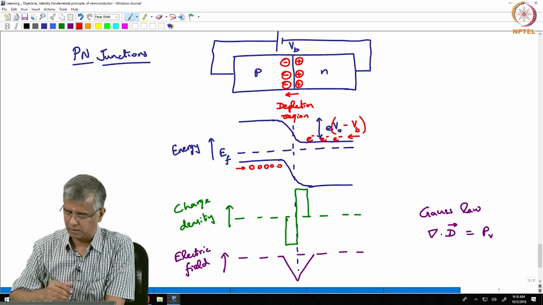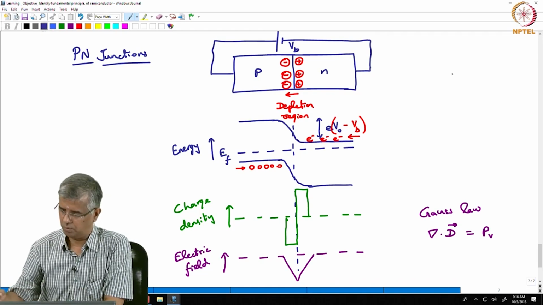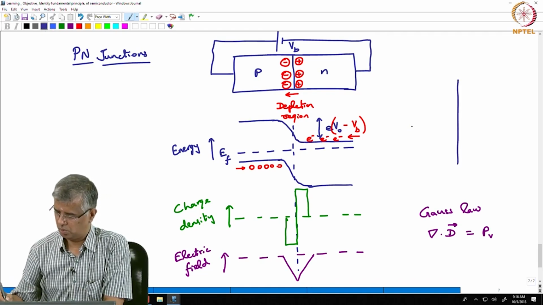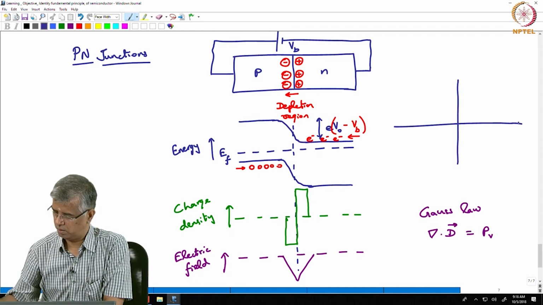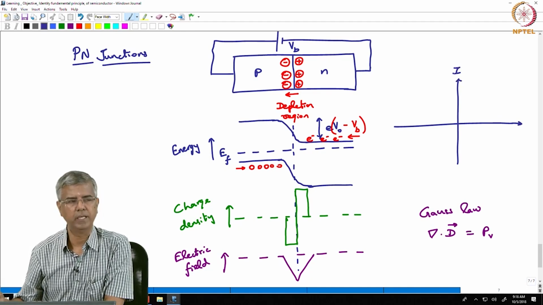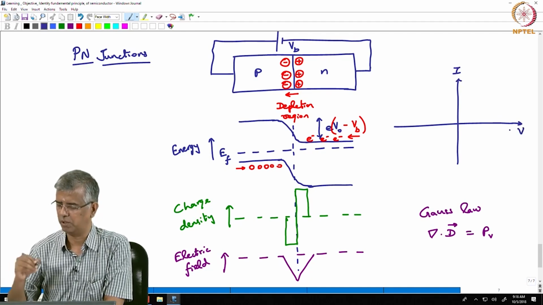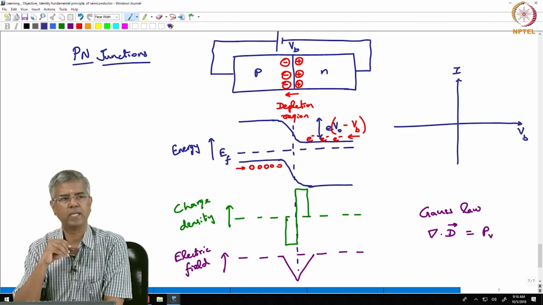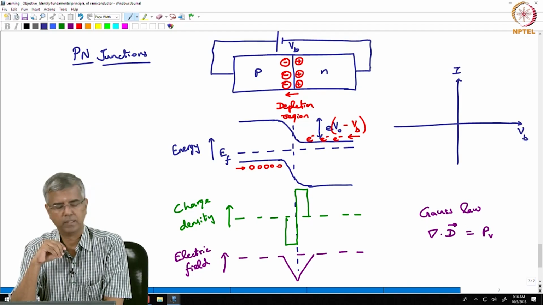what do we expect, what is the current we get to see as a function of this bias voltage, right.